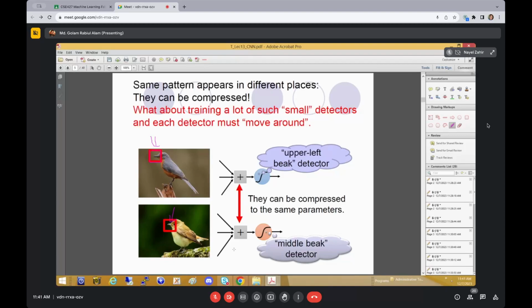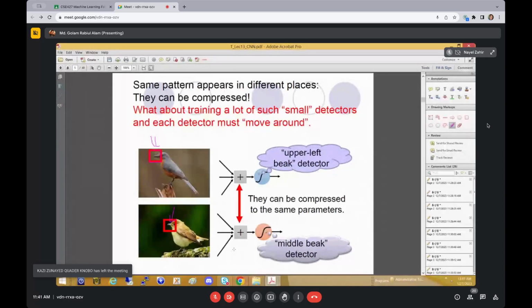To recognize some objects, some animals, some birds, we need to recognize some portions and design those kinds of detectors, and that detector will help us detect the important part of that object. Like here for this bird, we want a beak detector. For this bird, an eye detector. For this bird, a leg detector, tail detector, wing detector. So we need different kinds of detectors.